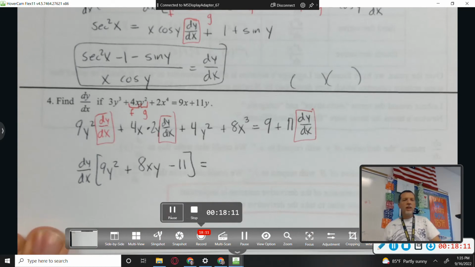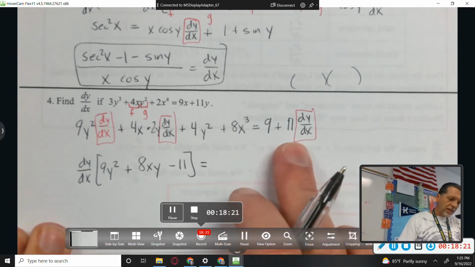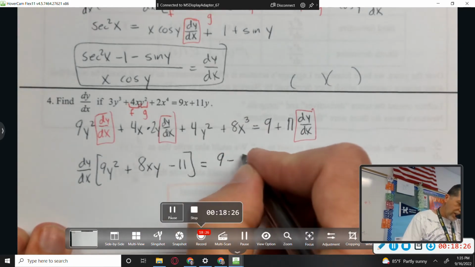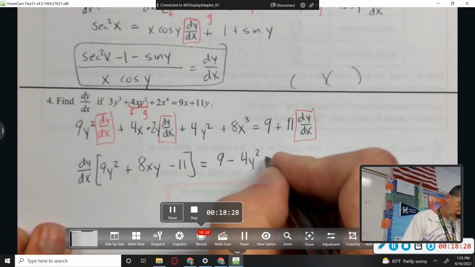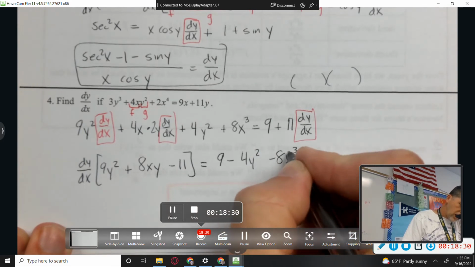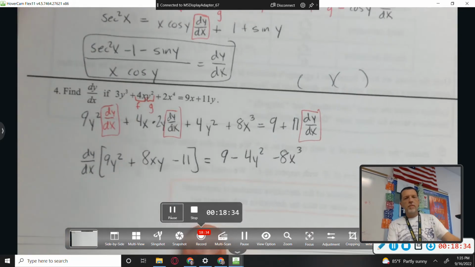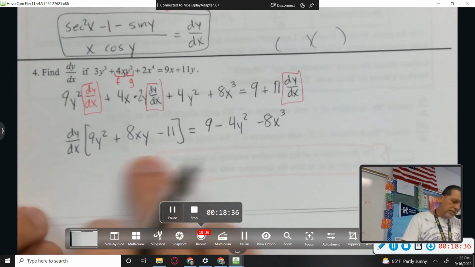So all the dy dx stuff on the left and factor out the dy dx. And then everything else, anything that doesn't have a dy dx, moves over to the right. And then we'll divide by all of that stuff.